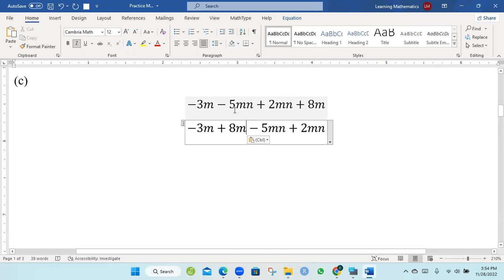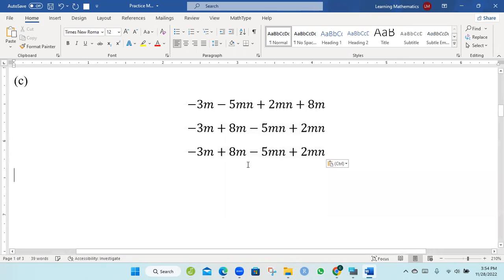Now, the negative 5mn is like 2mn because they are both mn's, isn't that so? So negative 5mn and 2mn are alike. So we're taking out 3m from 8m. That will leave us with 5m. So this simplifies here to 5m.